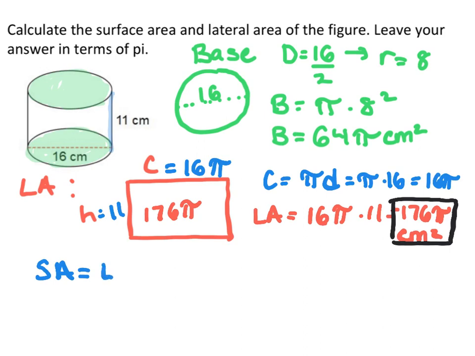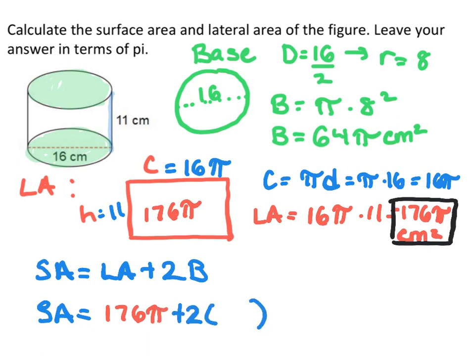So surface area equals the lateral area plus 2 times the area of the base. So if I substitute into the formula, the lateral area is 176 pi plus 2 times the area of the base is 64 pi.